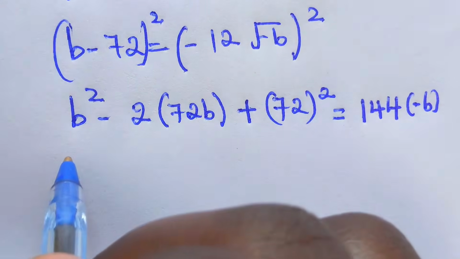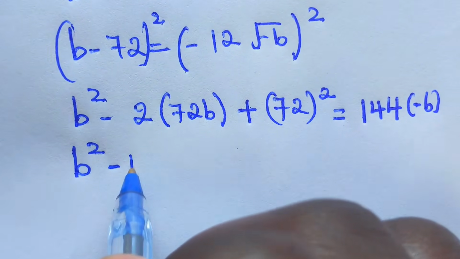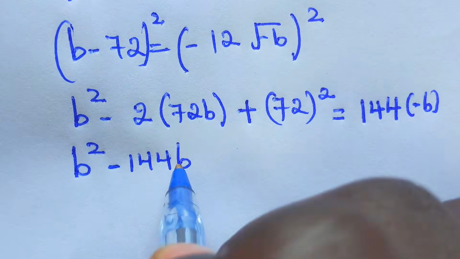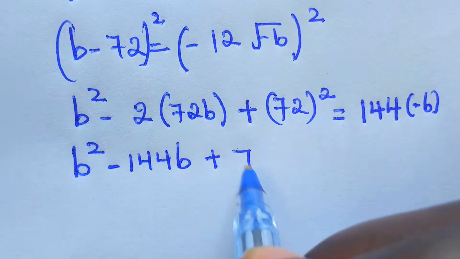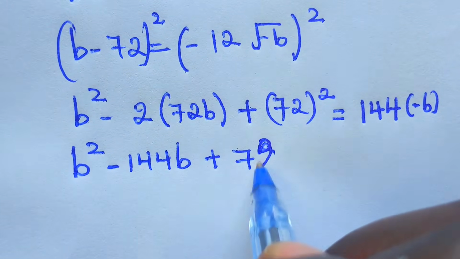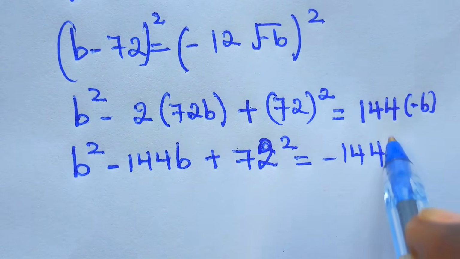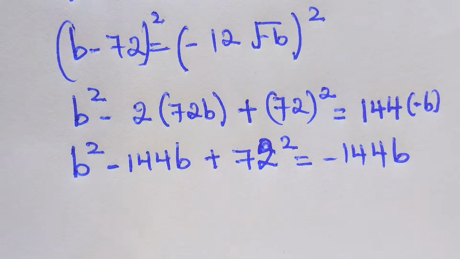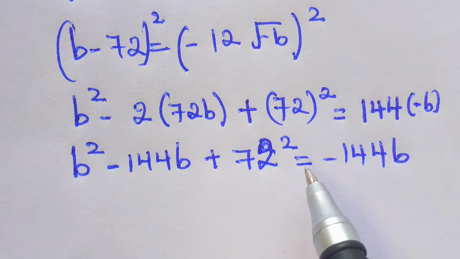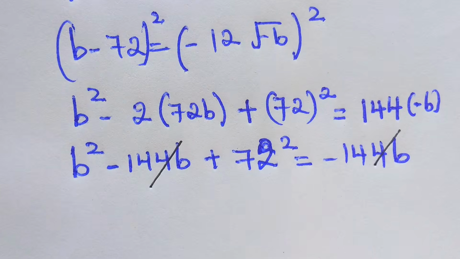So we have b squared minus 144b plus 72 squared equals negative 144b. We have the same numbers and the same signs, but they are on different sides, so they should cancel each other.